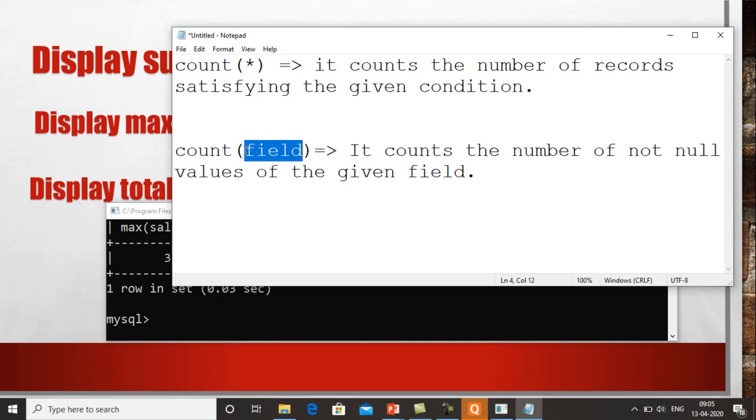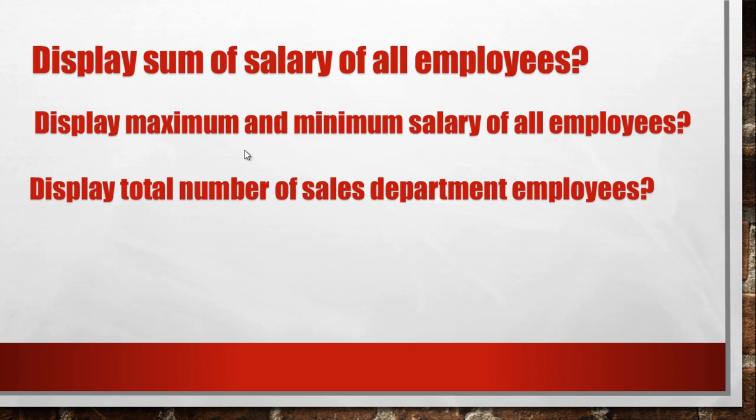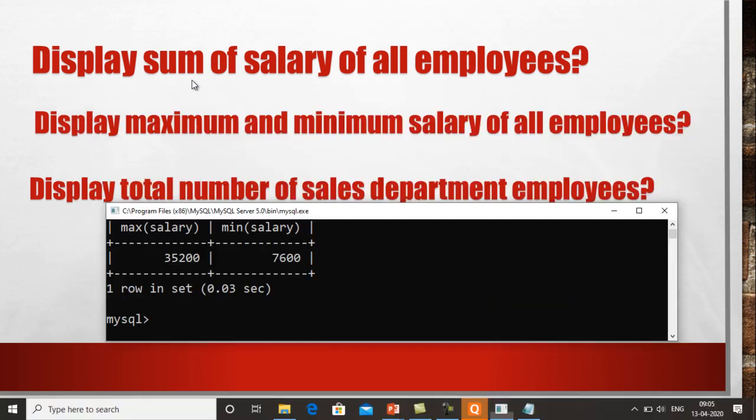Now the first question right now which we have to do is, it is written that you have to find the total number of sales department employees. So select. Now we have to find the total number of employees.